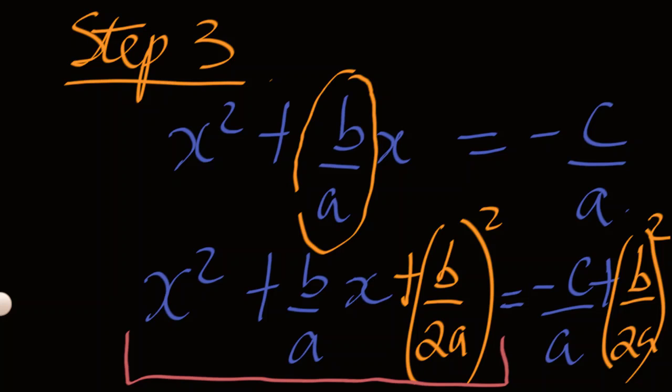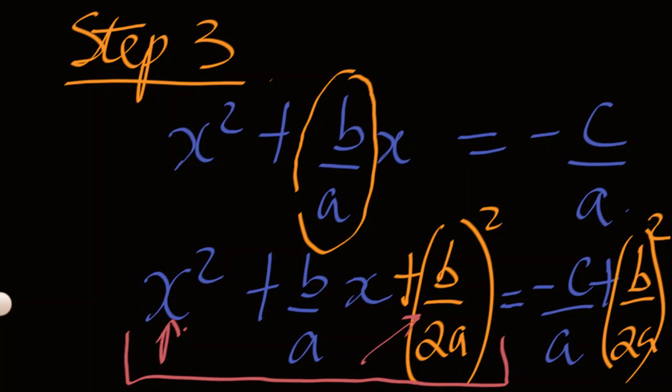And once I have a complete square, I am ready to move to step number 4, which is the following step. In this step, we are simply taking these elements that are being squared, putting them in one bracket and squaring them. So we're taking this x being squared, and this b over 2a that is being squared.